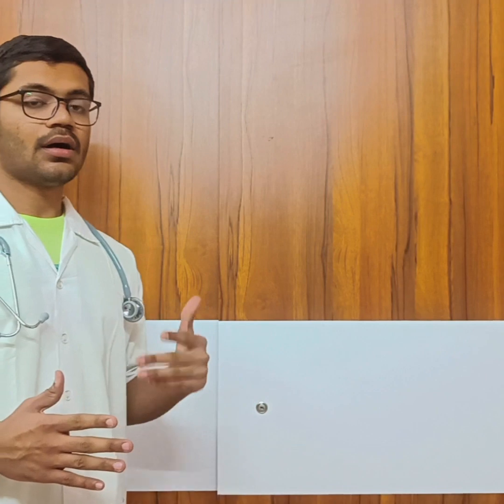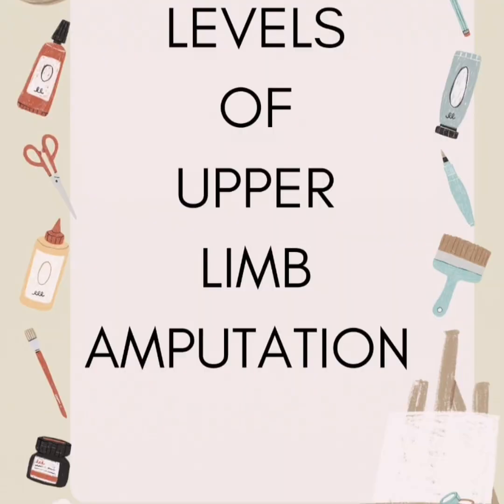Second, if there is presence of any complication, it may be in form of neuroma or stiffness, then also it is considered as 100%. Third, if the dominant upper limb is amputated, then 4% can be given. Fourth, if the stump is unfit for the fitting of prosthesis, then 5% can be given.